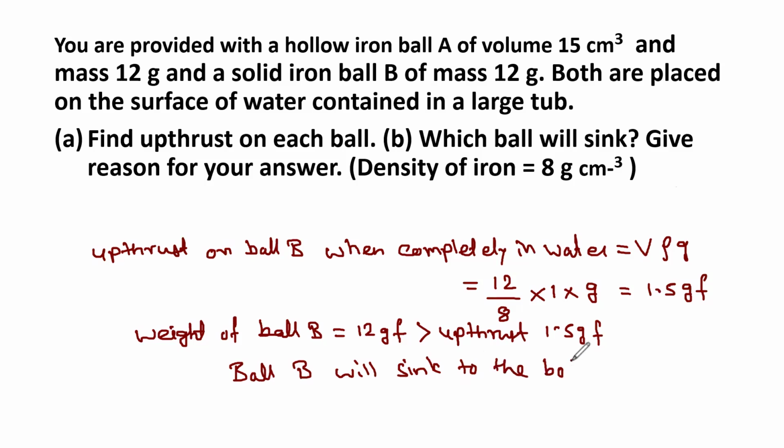So you can see a hollow ball will float and the solid ball will sink to the bottom. This is a very simple question. You only need to compare for both of the balls. So that's all in this question.